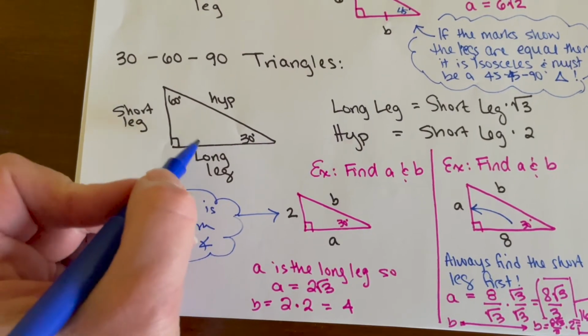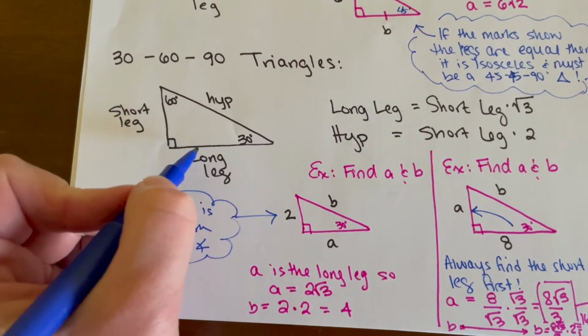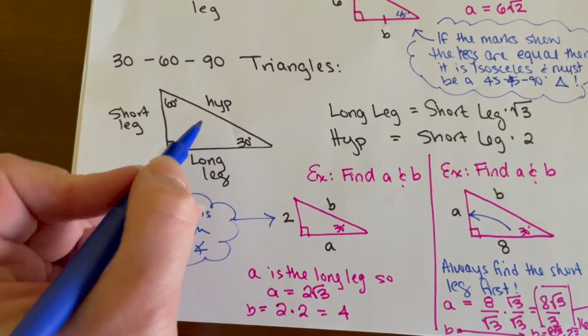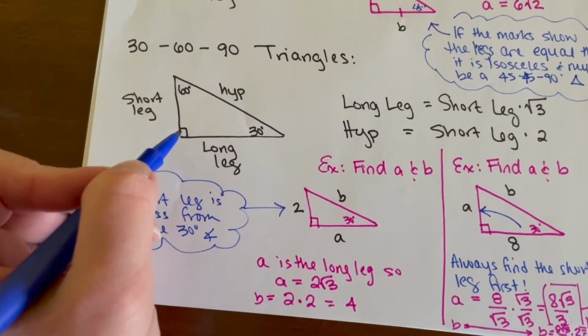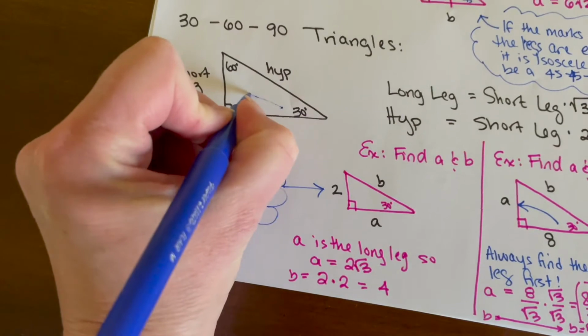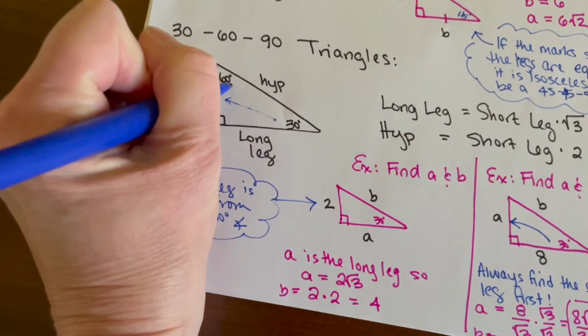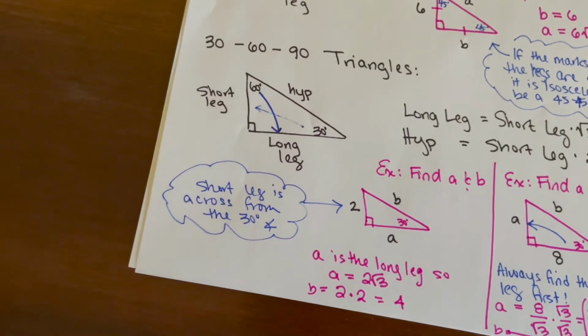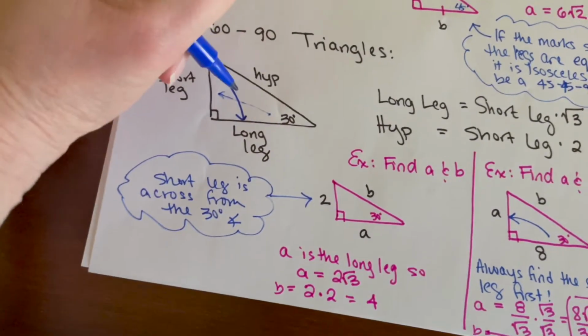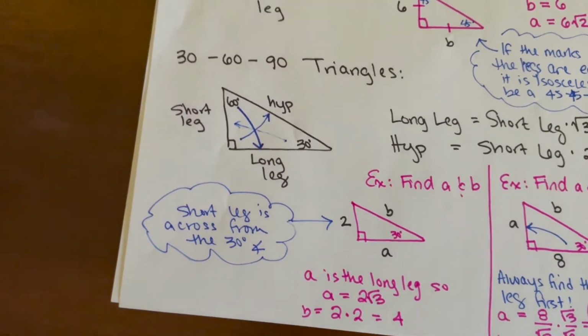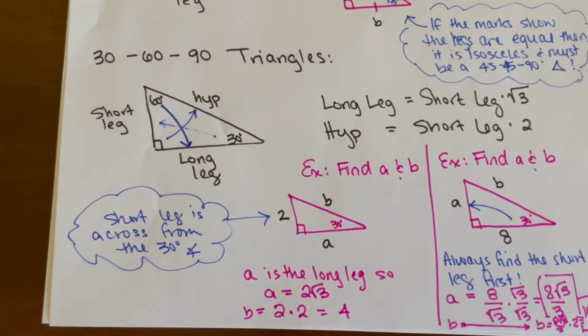The long leg has to be across from the 60 degrees, and the hypotenuse is always across from the 90 degrees.